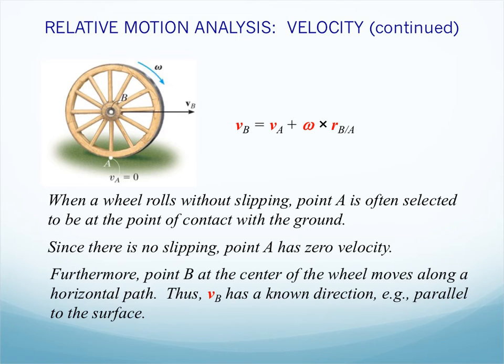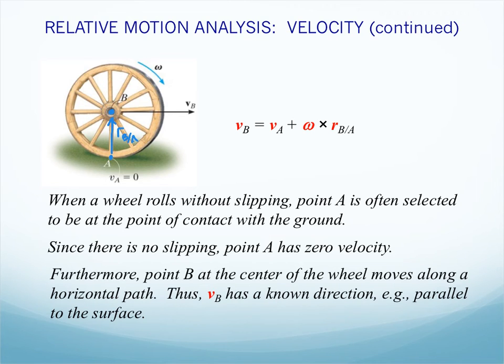Another example of this would be a rolling wheel. Here we have a wheel, and we have 2 points on the wheel: the point that touches the ground and the center of the wheel. Of course the wheel's rotating about its axis. If we wanted to know how fast the center of the wheel is moving, we would take the velocity of point A plus the position of B relative to A, which would be given by this vector.